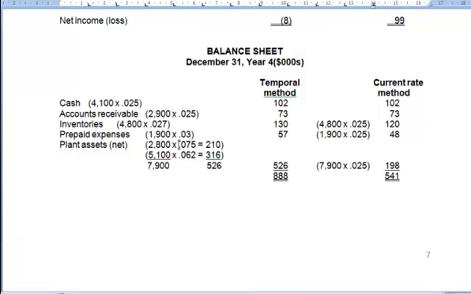Plant assets, you remember we said earlier when we were calculating depreciation expense, we are going to use the historical rate. And don't forget, we had two historical rates for the plant assets because they were purchased at two different times.